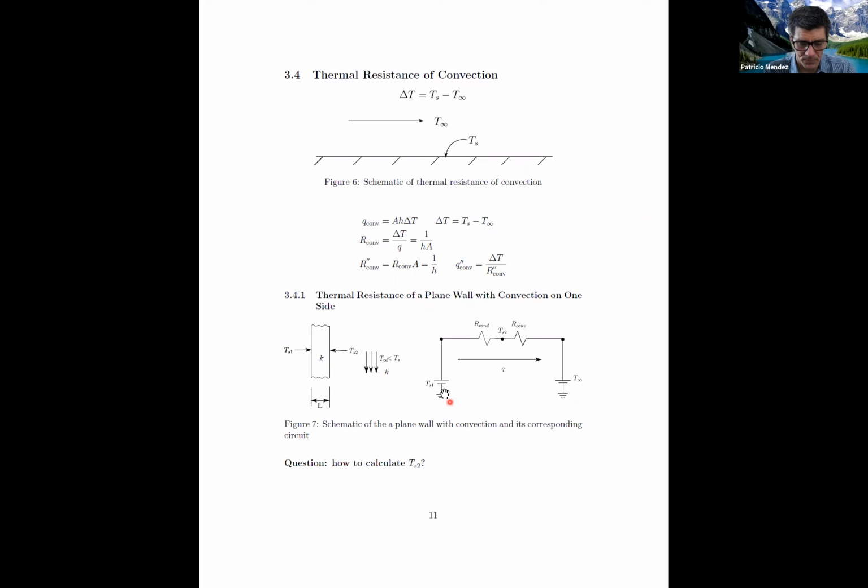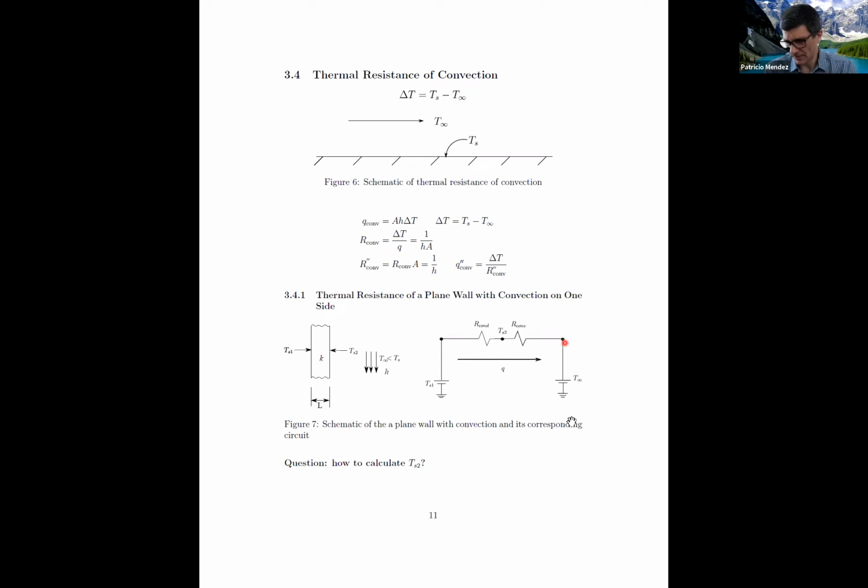There would be a series circuit of resistors in which one resistor accounts for conduction through the wall, and the other resistor goes through something that is invisible because the air is invisible, but goes through this boundary layer in the air, right? Whatever it is, we assign this resistance of convection to it. So first comes the resistance of conduction, then the resistance of convection.